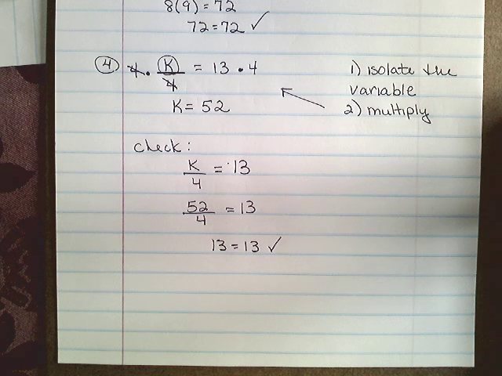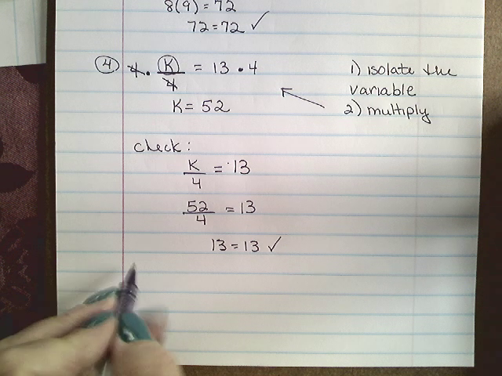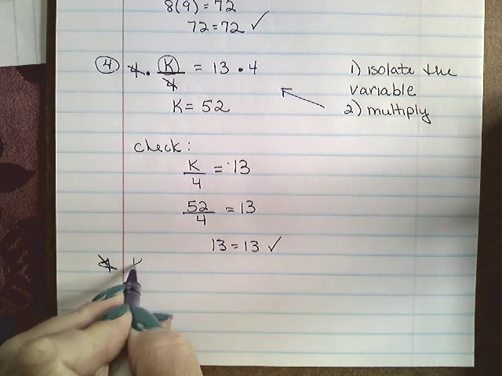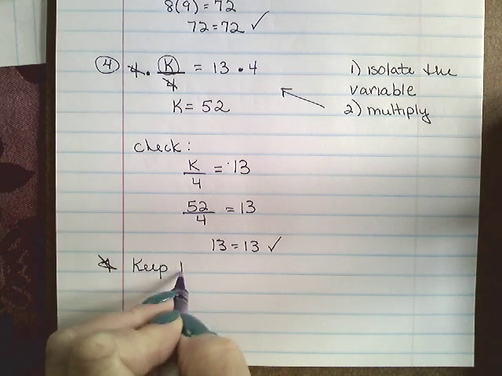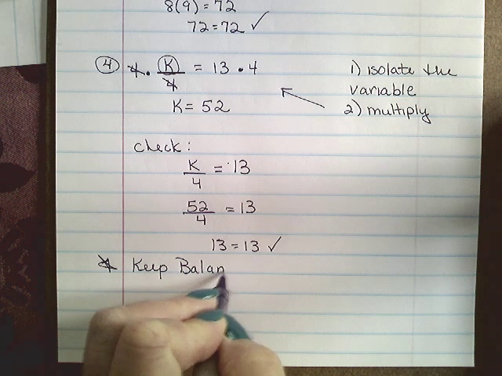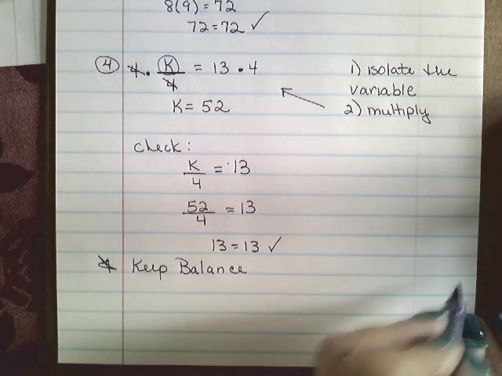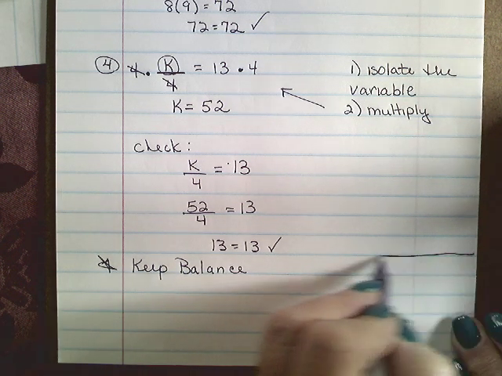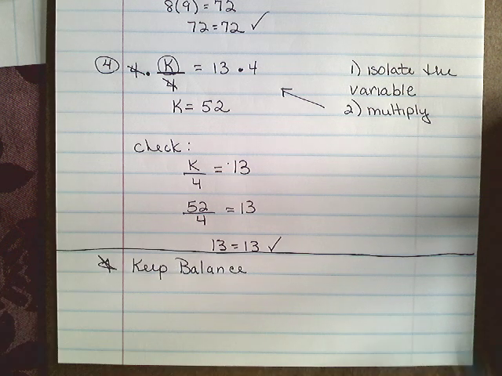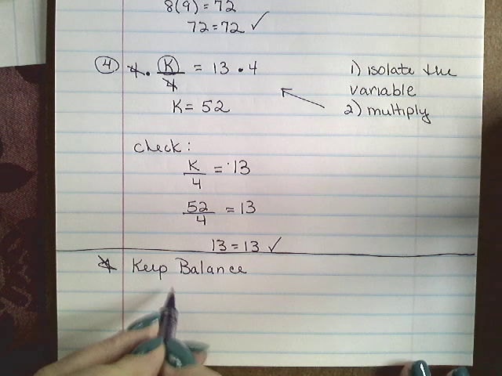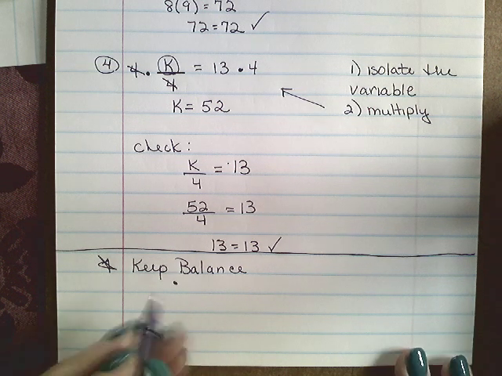All right, what you must remember when you are solving equations is to keep balance. Think of it as a seesaw that you used to ride on the playground with your siblings. One of you would want to jump up and let the other one fall to the ground. We don't want to have that happen. We need to keep balance. What does that mean when solving equations?